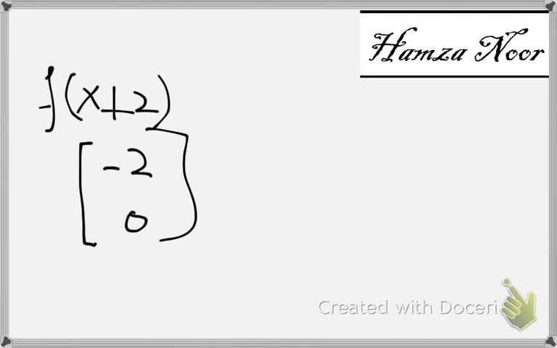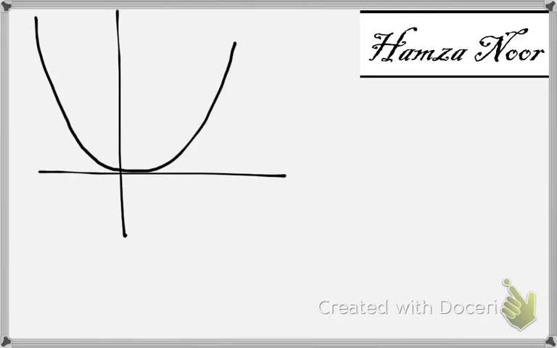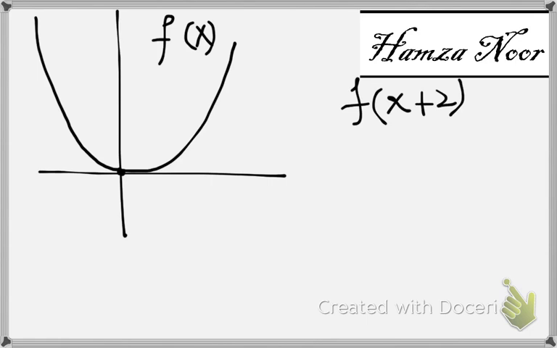So now let's have a look at a few examples. For example, if you are given a simple graph like f(x), and you are asked to find f(x + 2). All you need to do is sketch this graph. You need to translate it.